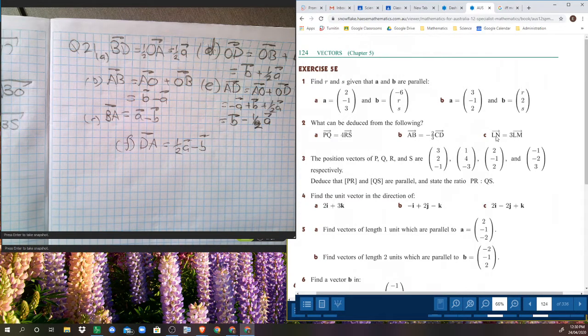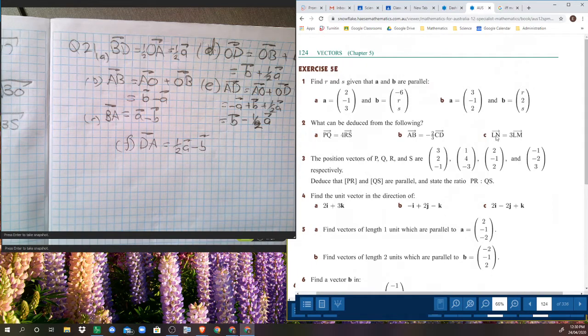And these are collinear. I think we eventually will come to ratios of division. N divides LM in the ratio of 1 to 2, with the total length being there.